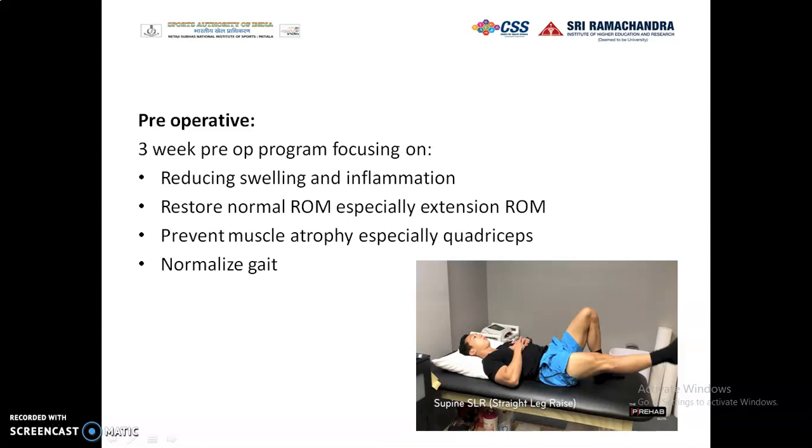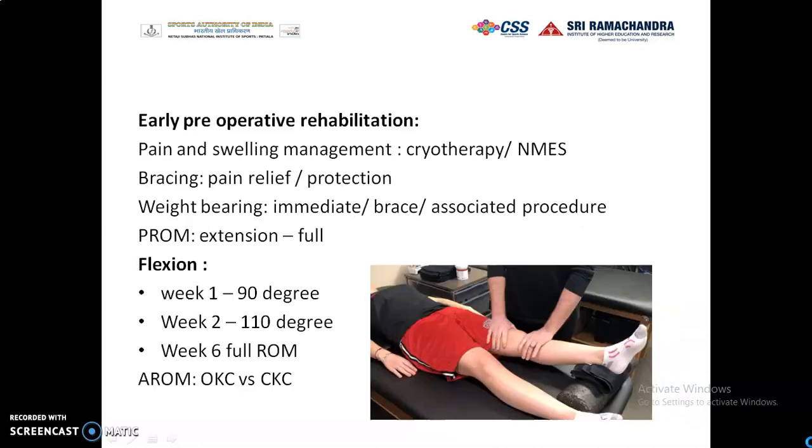It's our primary responsibility to normalize the gait, from heel strike to foot flat, mid stance, heel off, toe off, and then the swing through phase. So that is what we focus on in early pre-operative rehabilitation.